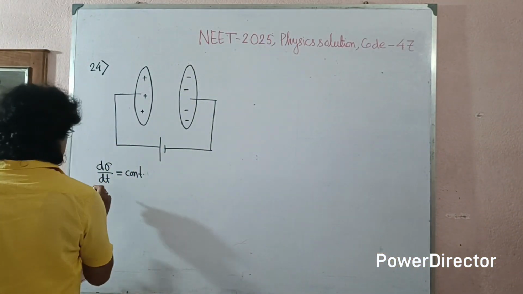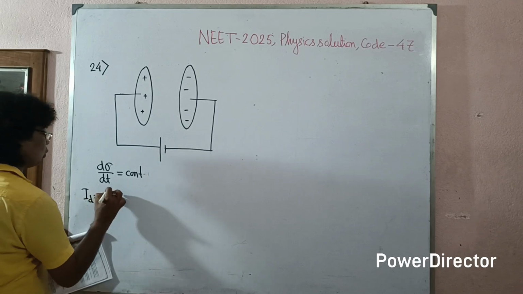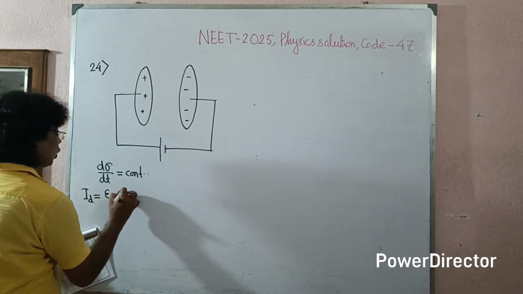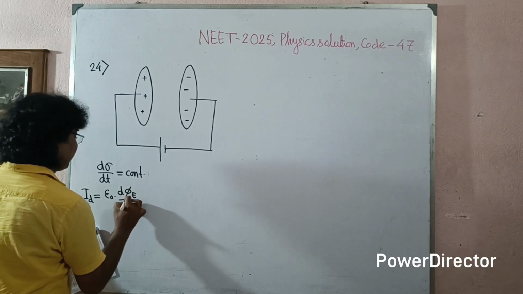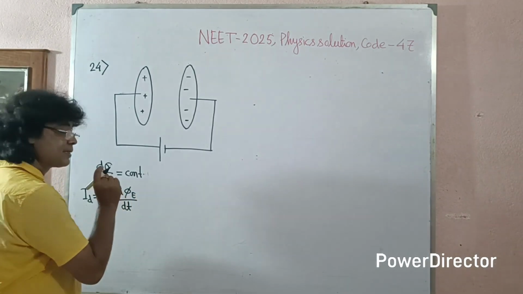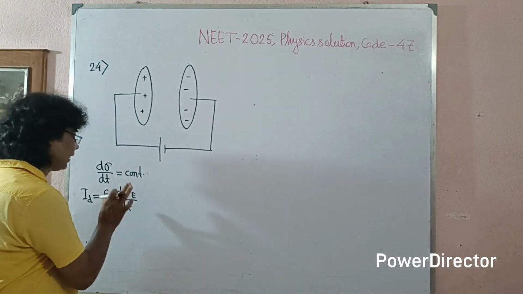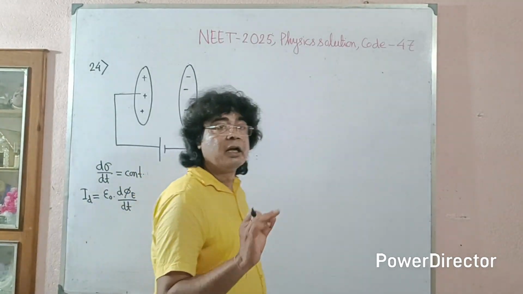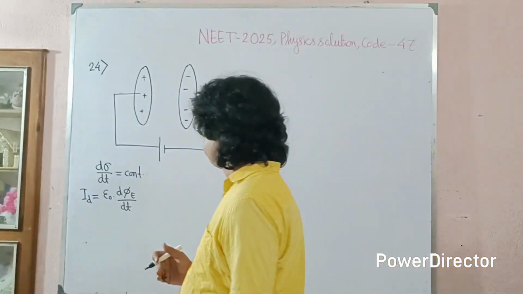The displacement current ID equal to epsilon 0 d phi e dt. Phi represents electric flux and d phi e dt is the rate of change of electric flux with respect to time.